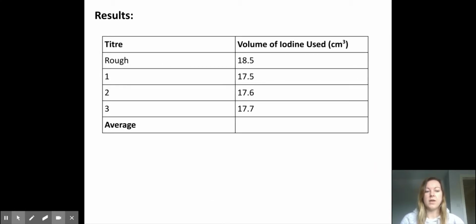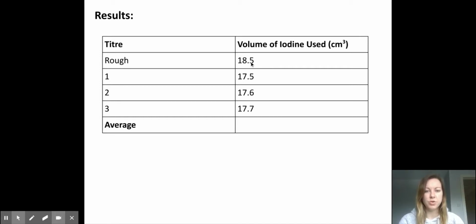So these are just hypothetical results. We have our titer, rough 1, 2, and 3, and volume of iodine used in centimetres cubed. So just like all titrations, we need to come up with an average volume of iodine used. For this experiment, our rough titer is 18.5, which, as you can see, is not concordant with any of the results 1, 2, and 3.